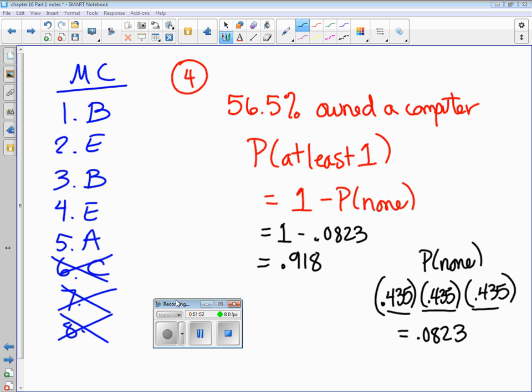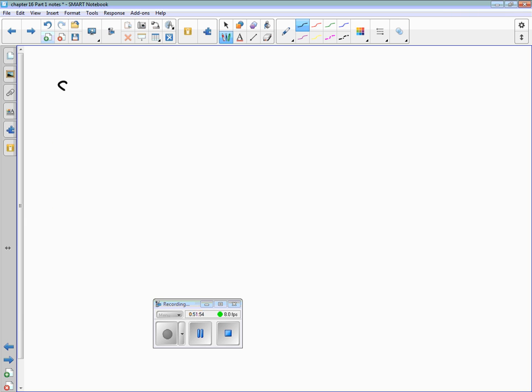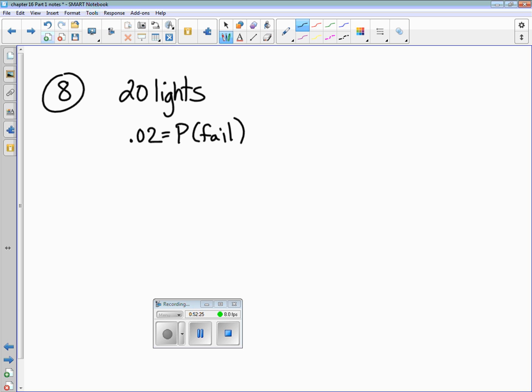All right. Last one that I've been asked to do is question 8 on the probability practice test. I'm running out of time here. It says a string of Christmas lights contains 20 lights. I've been dealing with this at my house. One goes out, they all go out. Each light has a probability of 0.02 of failing. The probability that it burns out.